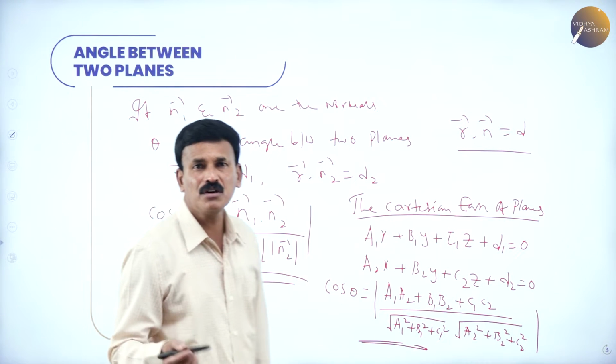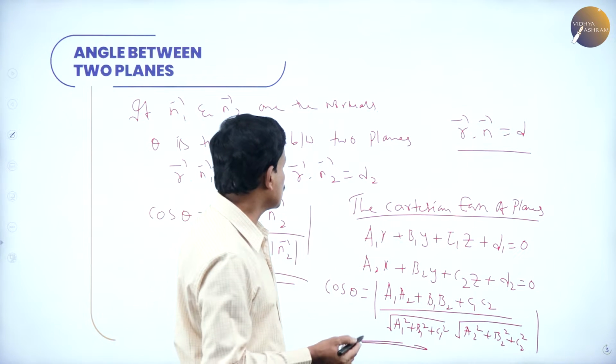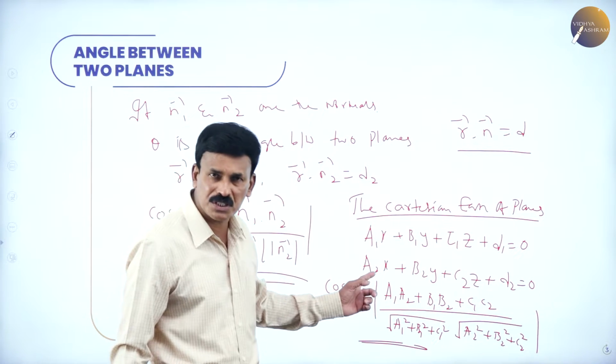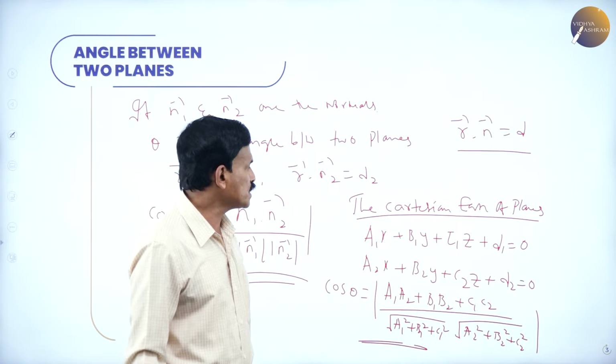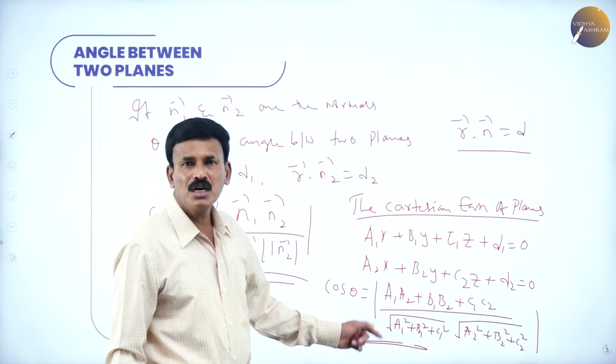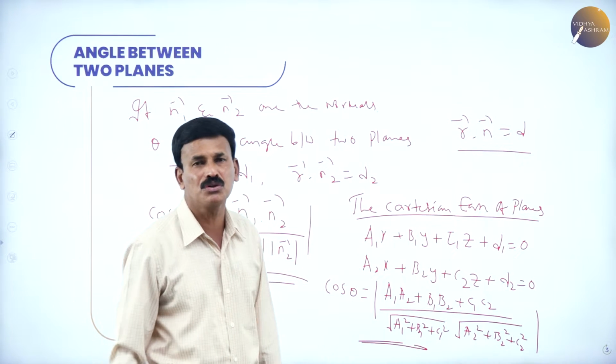Now to find the angle of intersection between the two planes in the Cartesian form, let us consider the Cartesian equations of the plane a1x plus b1y plus c1z plus d1 is equal to 0 and a2x plus b2y plus c2z plus d2 is equal to 0.